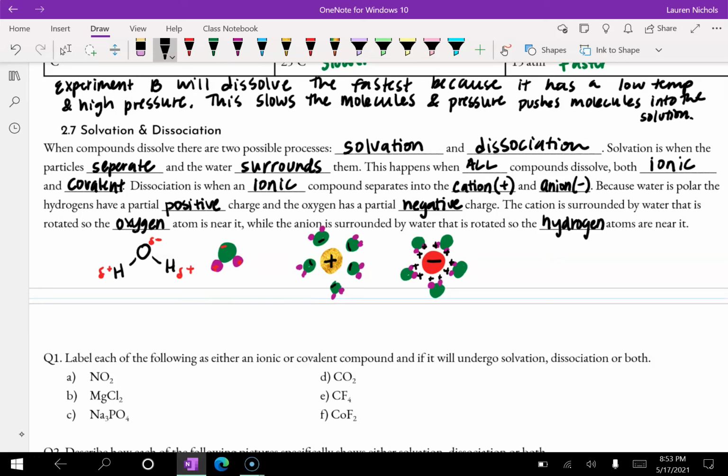Okay, so the surrounding is solvation. The separating of the positive and negative, that is dissociation.